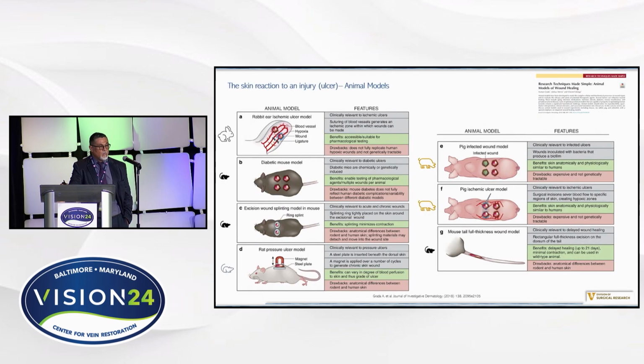Now, in the case of ulcer models, we have several models too. I bring you this review article that outlines very nicely different animal models and their features. You can see that they were developed in rabbits, mice, rats, or swine.